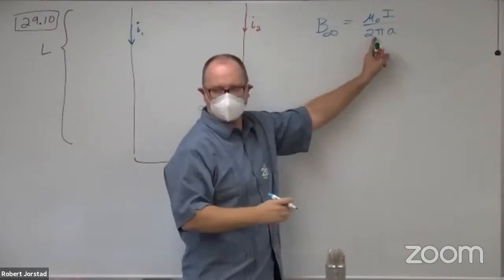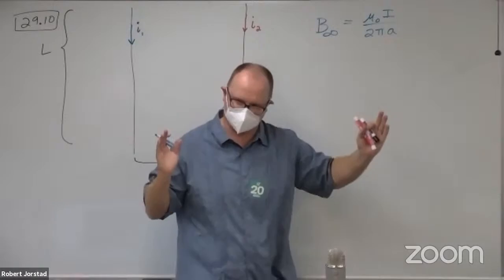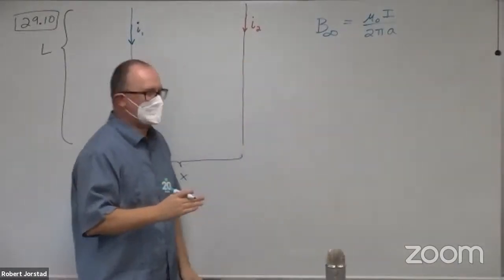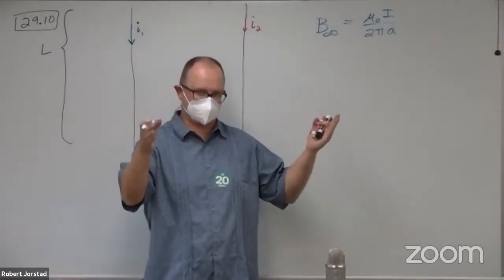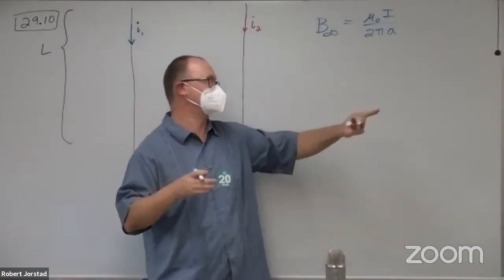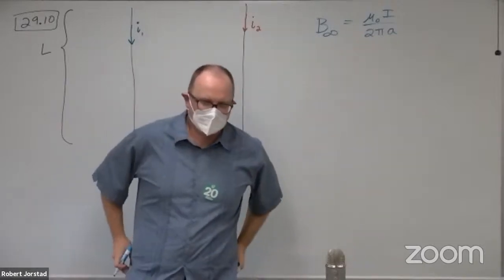It's 2 pi a for the infinite wire. It's 4 pi a sine theta for a segment. When you plug in sine theta equals -90 and +90, you get a 2 because it's a 1 minus -1. And that's why this one has a 2 pi and the other one had a 4 pi. Good?